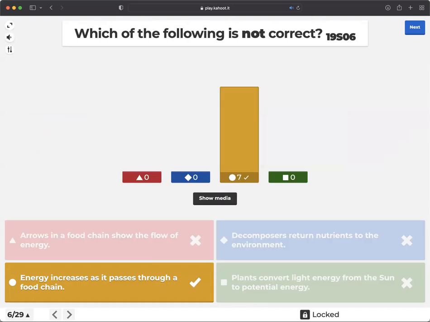Teacher, yes. I'm changing my device, so I need to enter the Kahoot. You have to rejoin. Okay, I give you 20 seconds to join. Let me know once you're done.